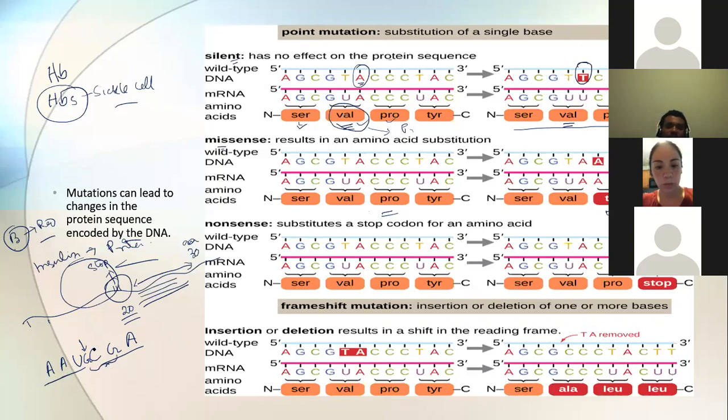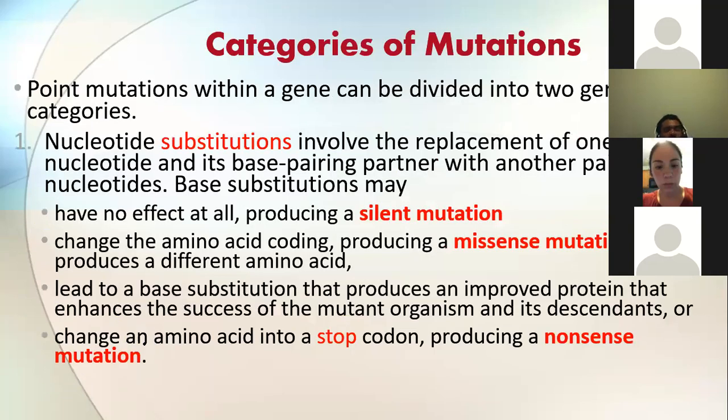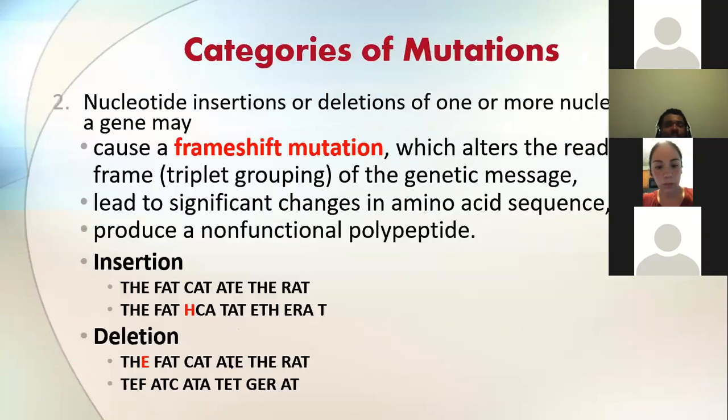So before it was CGA, now it is GCG. So completely different amino acid. And in that case, the entire reading frame for the ribosome and tRNA will be changed. That type of mutation is called frame shift mutation.